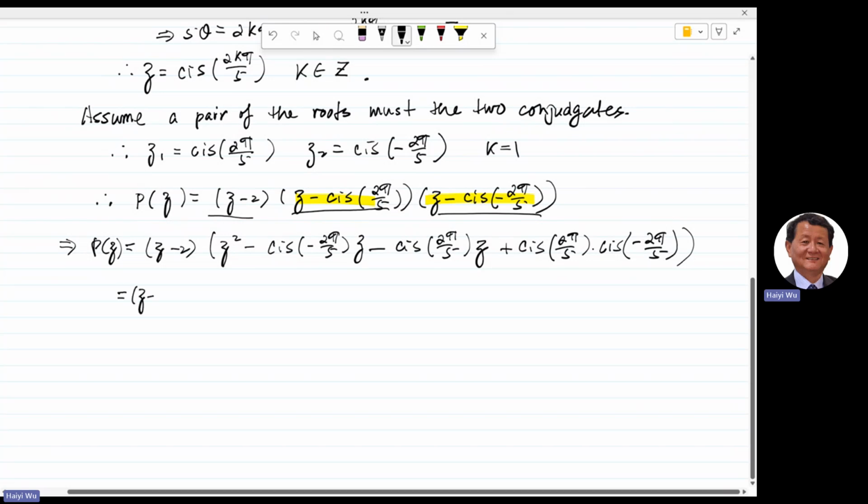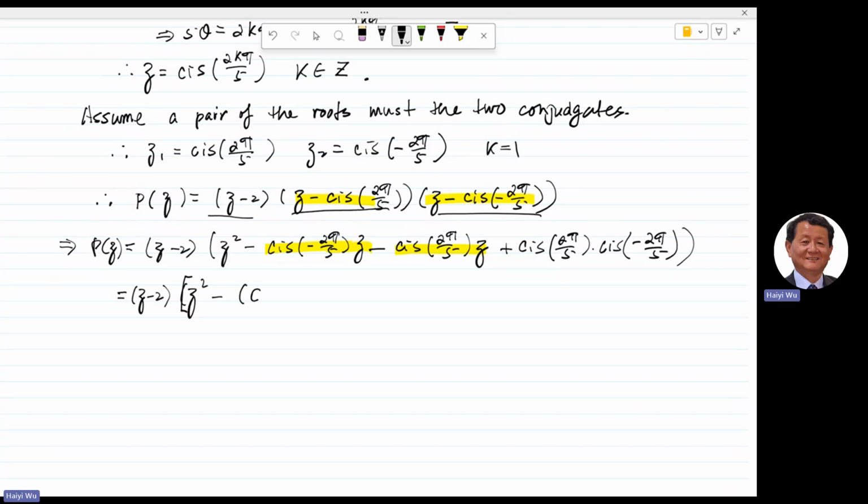So keep going. I'm going to leave this one for a moment. Let me collect those 2 like terms. These are the like terms I'm going to put together. So I'm going to put a Z squared, then bracket, minus cis 2 pi over 5 in the front plus cis negative 2 pi over 5 on the end, and put a Z. So that's collecting those 2.